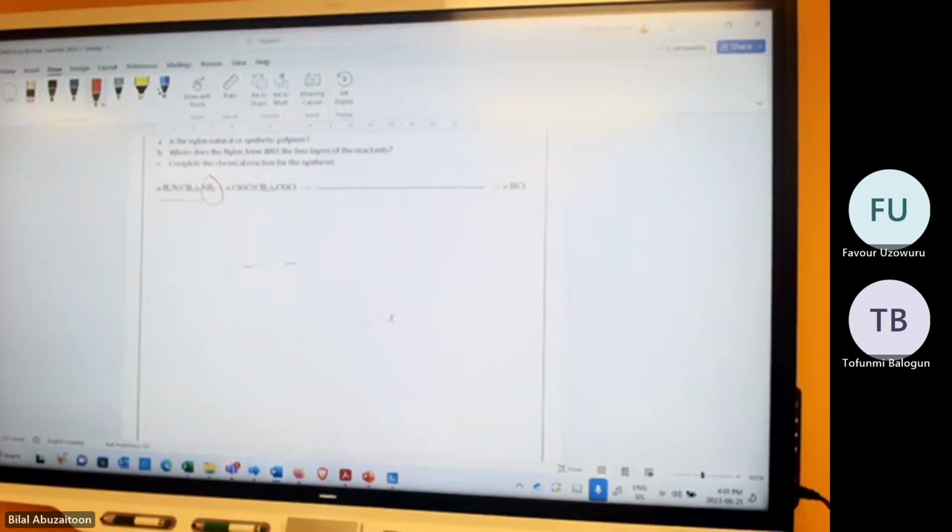I said we can't spend too much time on this. This compound, I will write just C double bond OCl. And this compound, I will flip it this way and make the N from this side, H and H. And the rest of the compound.